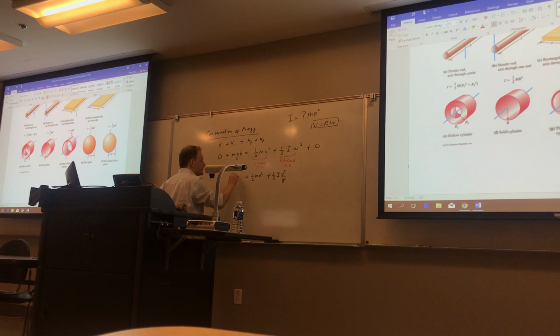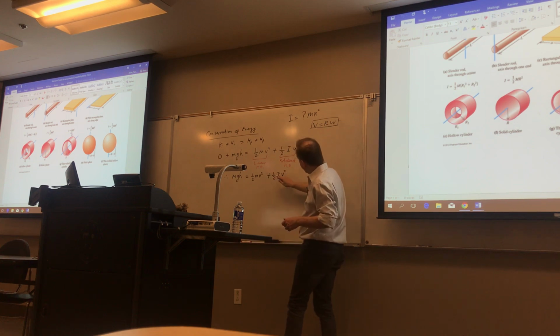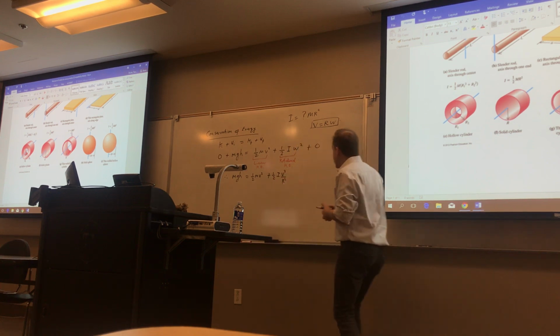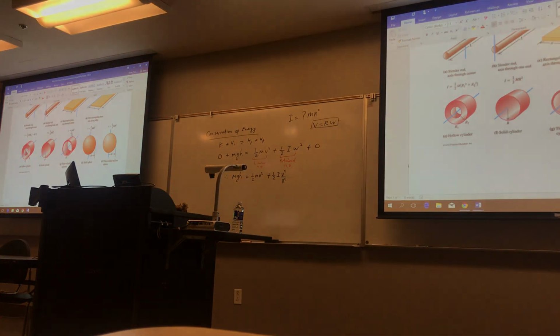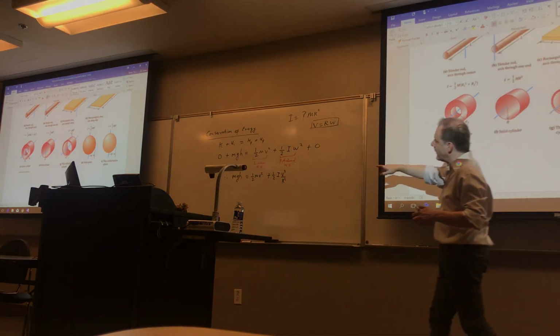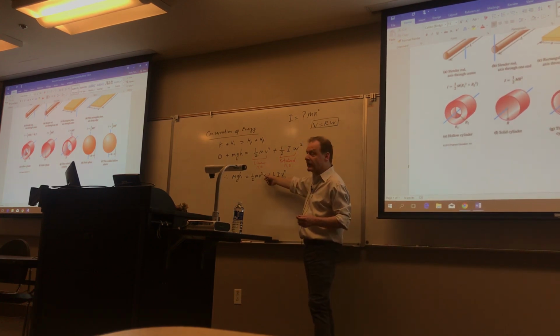Therefore mgh equals 1/2 mv squared plus 1/2 I v squared over r squared. So it's the I that's going to be crucial in determining the difference between the final velocities. The greater this I, the moment of inertia, the less will be the velocity.